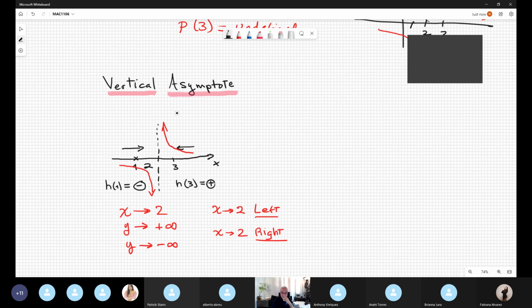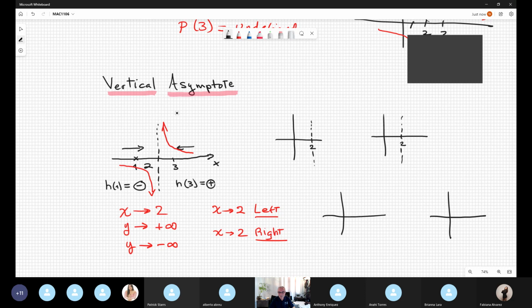Now, the important thing is that we have 4 possibilities. Look at that. Suppose the value of 2, hypothetical, 2. At 2 we have a vertical asymptote. Always we use a dotted line. And suppose we have that situation.